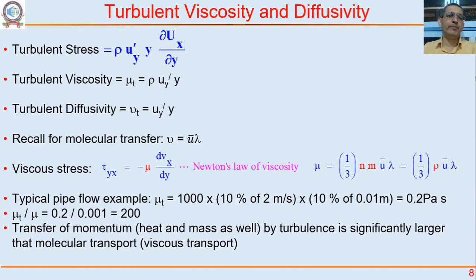Okay, just to recap, turbulent viscosity is rho ui prime y. Turbulent diffusivity, if I divide this by rho, bring the rho on the left side, it will be ui prime into y. Recall, for molecular transfer, kinematic viscosity was u into lambda. This was RMS velocity of molecules, and this was mean free path between the molecules. Forget that 1 by 3 and all that just now. Just write it as an order of magnitude if you want.